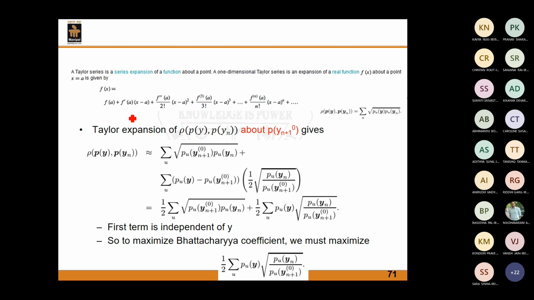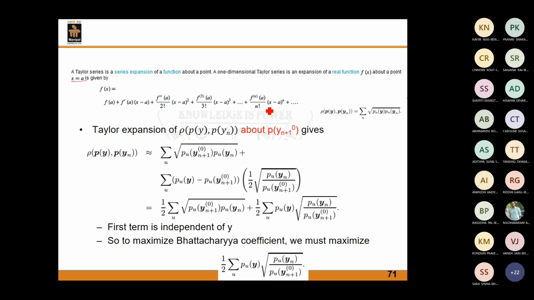This is the general formula: if I have f of x, and I'm trying to find the expansion about the point x equal to a, then I can write it as f of a plus f dash of a into x minus a plus f double dash a by 2 factorial into x minus a the whole square, and so on. This is how you can expand using the Taylor series.